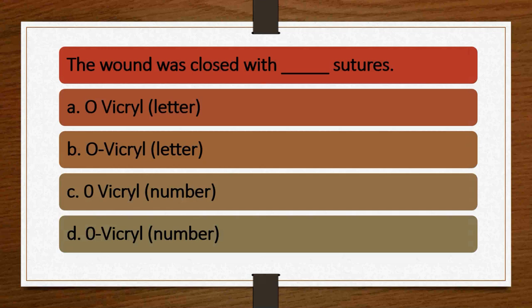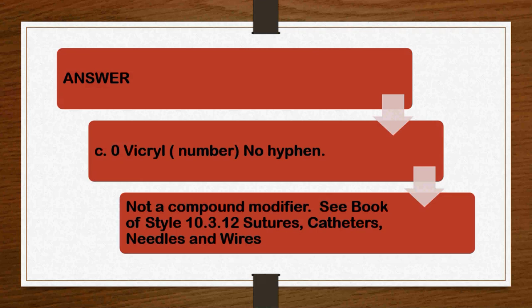Okay. I think that's it. Everybody? And the answer is C, no hyphen. It's not a compound modifier. It is with the number, and you'll hear it, though, over and over and over. They will say oh-oh Vicryl. It sounds like the letter, but it is the number for sure.